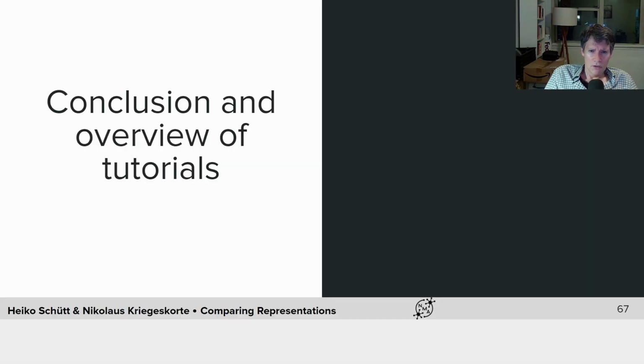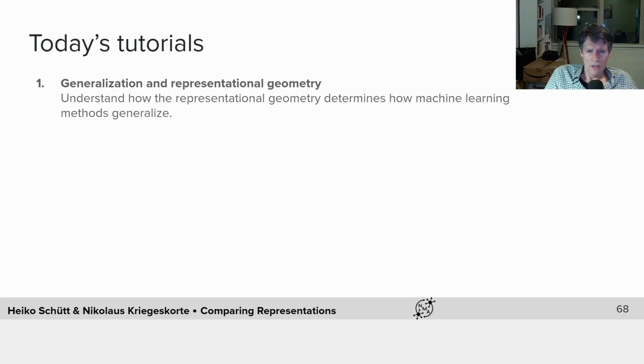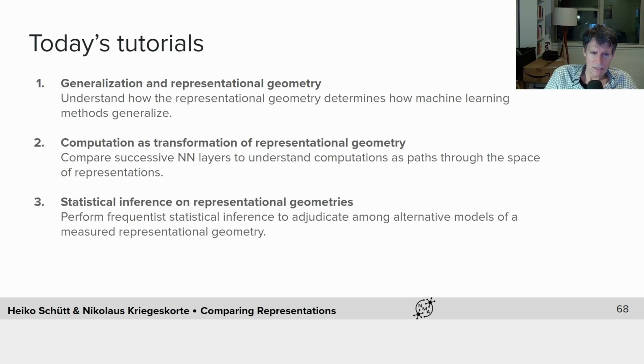So in conclusion, a short overview of the tutorials. In today's tutorials, you go into a lot of the issues that Heiko and I have briefly introduced you to: generalization and representational geometry, computation as transformation of representational geometry. You'll play around with placing the layers of a neural network in a metric space and looking at the computation as a path through that metric space.